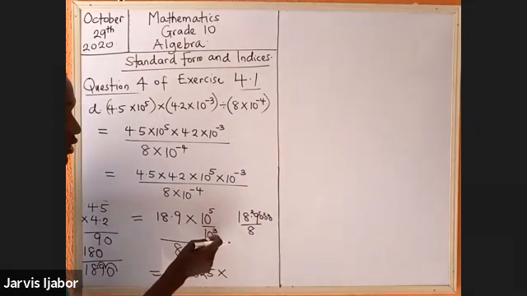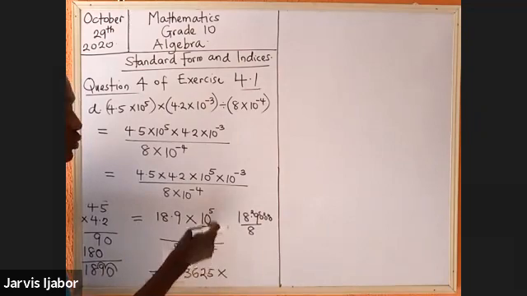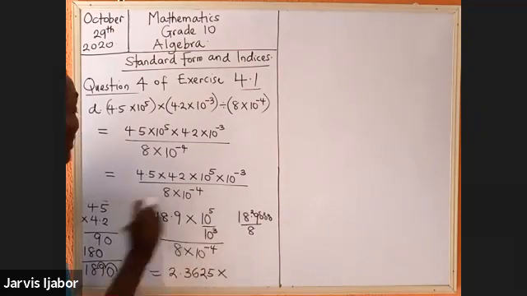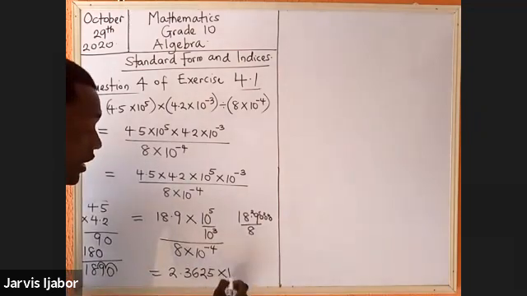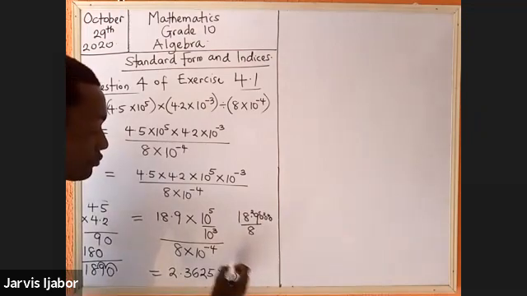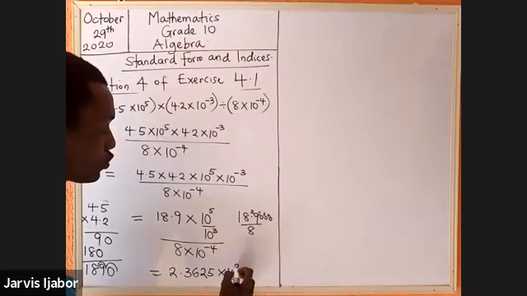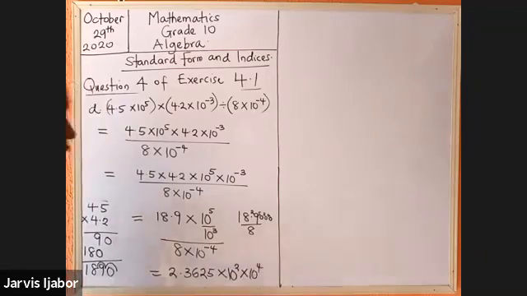Means divided by 10 to the power of 3. Means cancel 3 tens. And that will give me 10 raised to the power of what? 10 raised to the power of 2 times 10 raised to the power of 4. The question you ask me now is, Uncle, how are we having 10 raised to the power of 4?